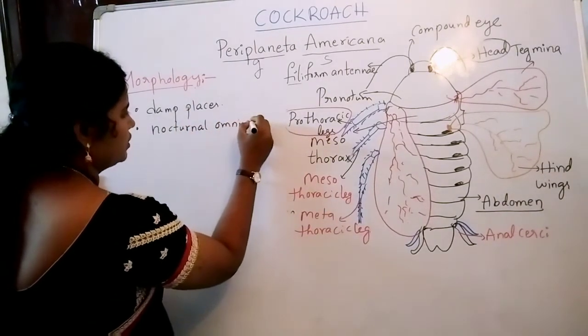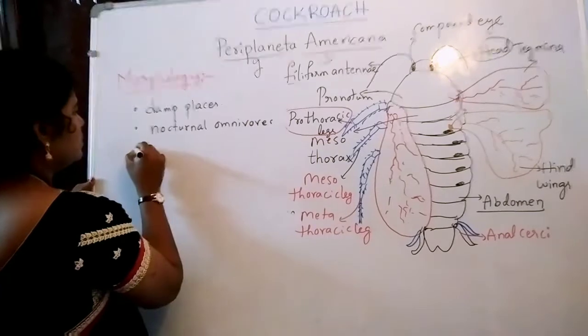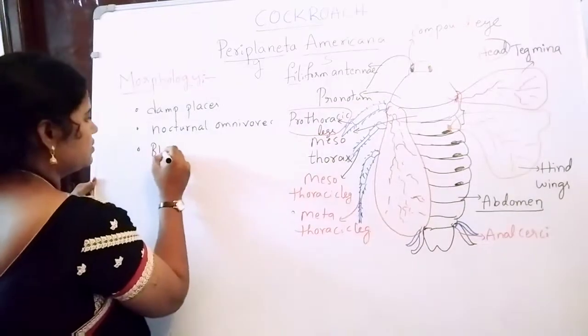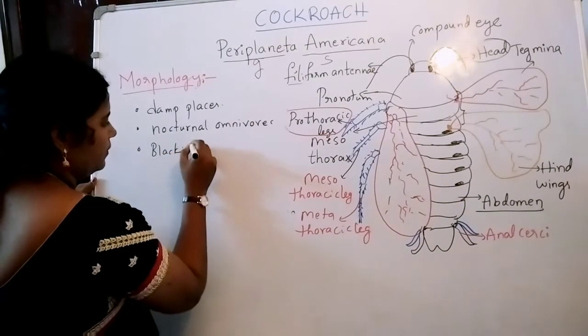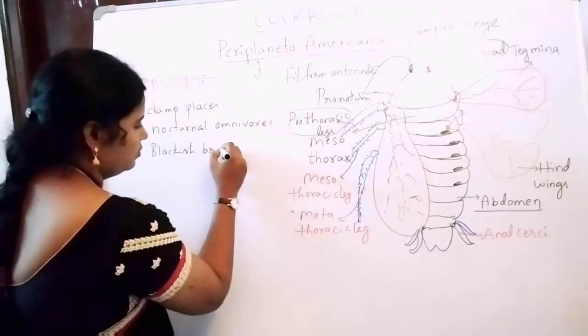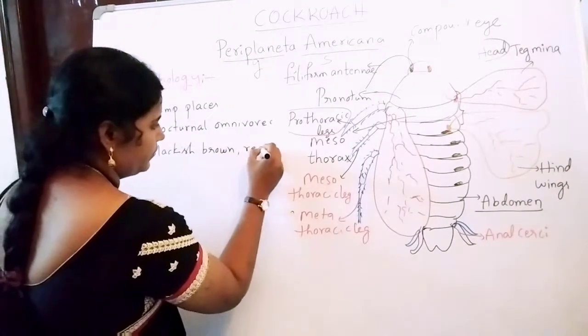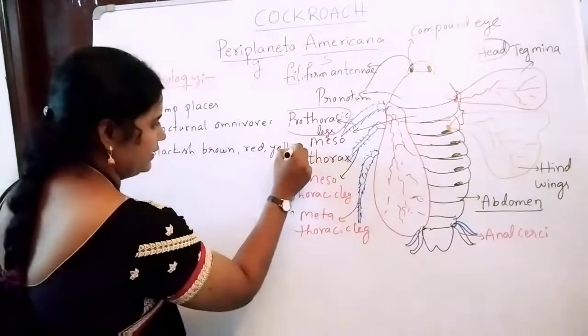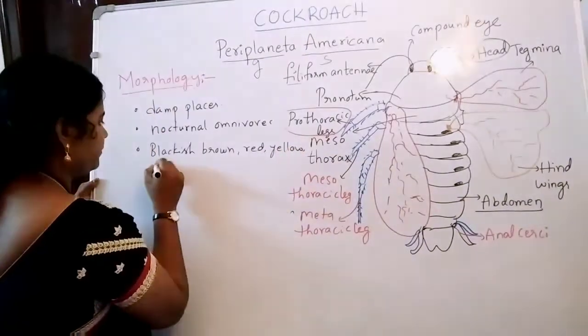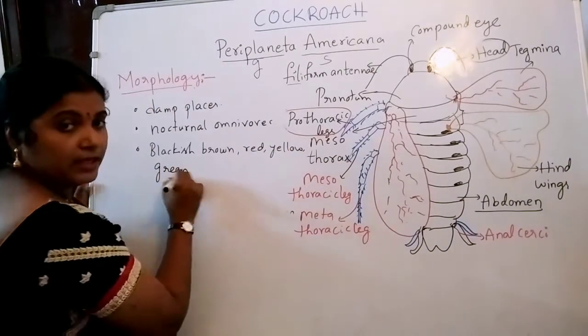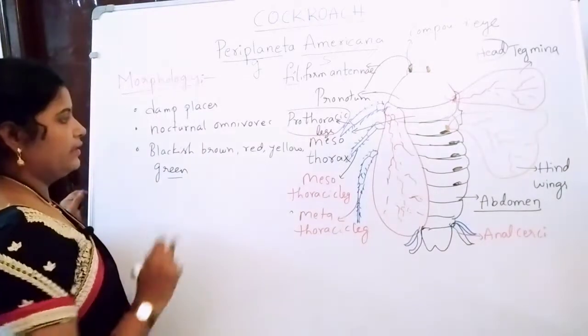The color is blackish brown, red, yellow, green in some other areas. Okay, this is the color: blackish brown, red, yellow.